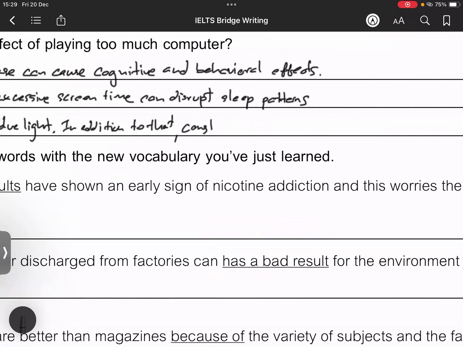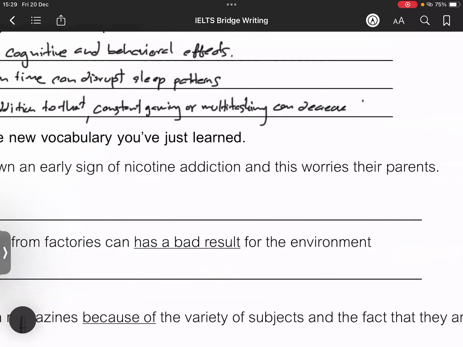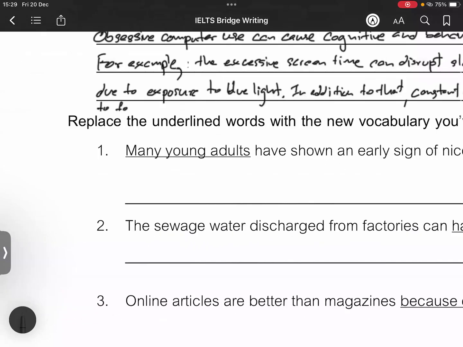Constant gaming, multitasking, can decrease the ability to focus on task requiring sustained attention.